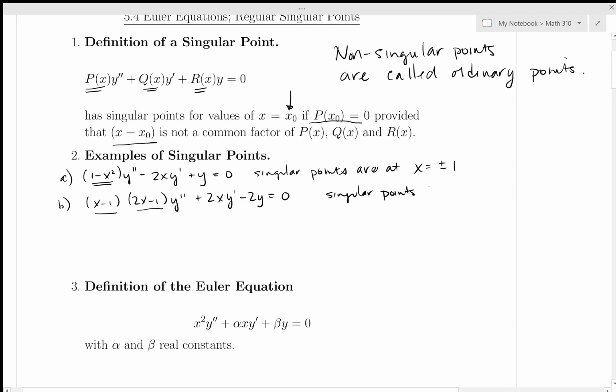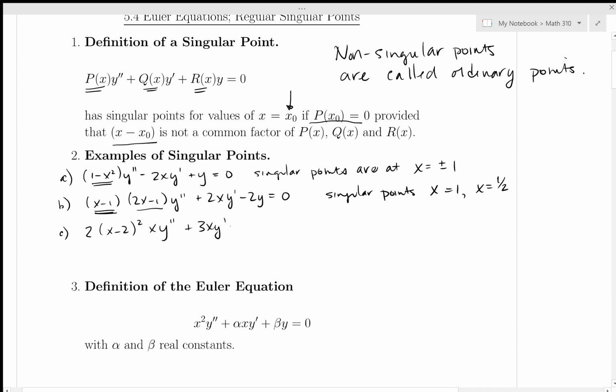That will be, let's see, x equals 1, that's when this first factor here is 0, and when x is equal to a half. Okay, so those are the singular points there. Okay, two examples. One more of this straightforward type, and then we will take a look at one where it doesn't have a singular point.